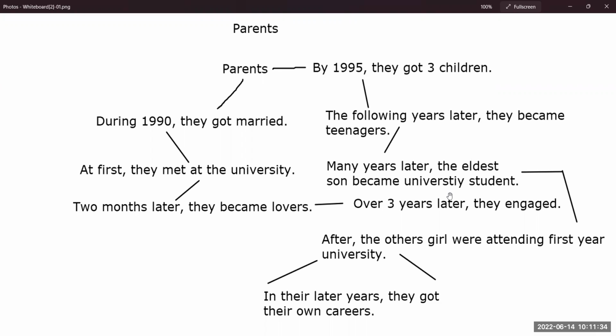Okay, good. So who's the eldest one? The boy, he's the eldest. The following years later, they became teenagers, and many years later, the eldest son became a university student, and after that the other girls attended their first year of university, and in their later years, they got their own careers.